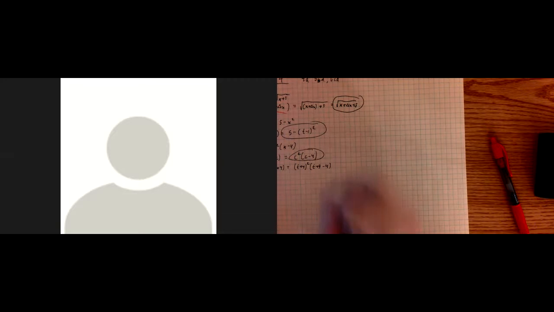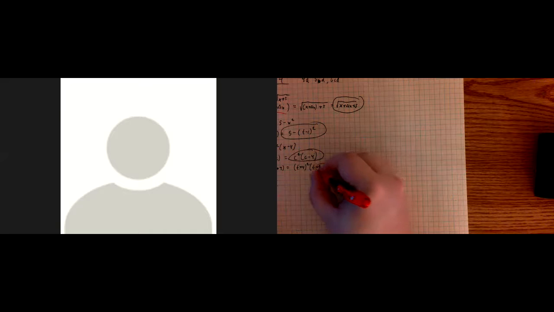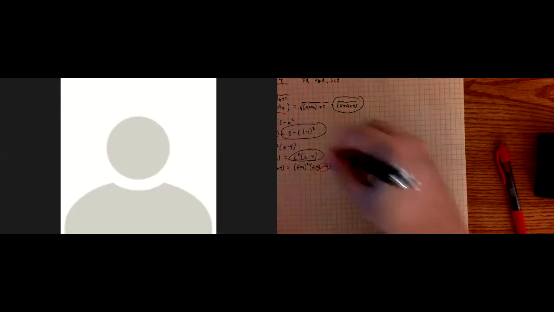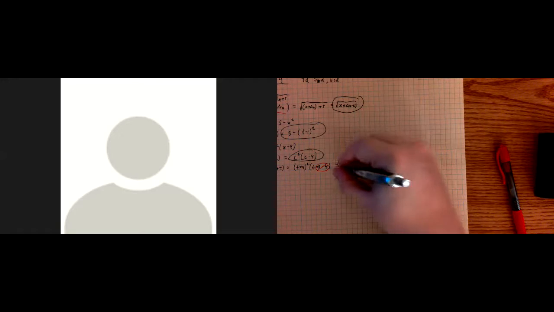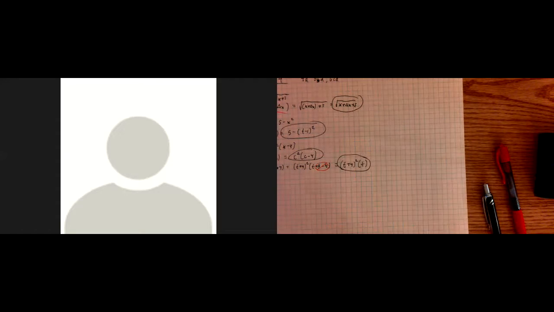I will simplify one little bit. I have a plus 4 and a minus 4 right here, so those are going to cancel. And so I end up with t plus 4 squared times t. That's as far as I would simplify. There's no point in going any farther than that.